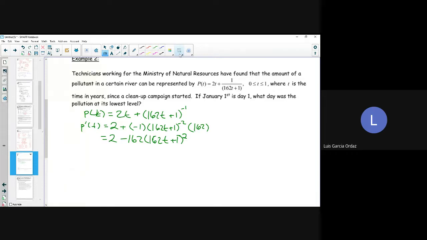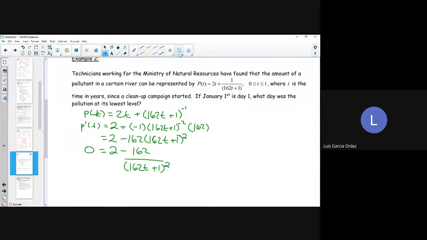Now I can move my negative exponent to the bottom, so I get 2 minus 162 over 162T plus 1 squared. Because I want to figure out when it's at its lowest, I have to set my derivative equal to 0.